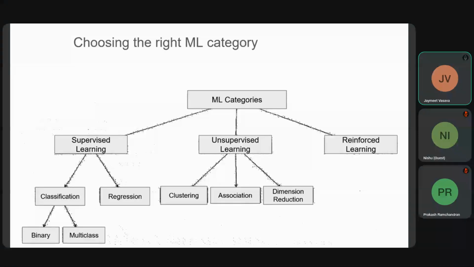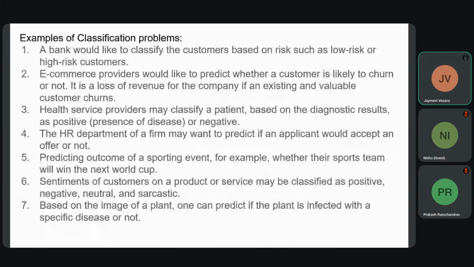In this session, we'll be discussing binary logistic regression. So let's get started with binary logistic regression. Some examples of classification: first, a bank trying to classify customers based on low and high risk.